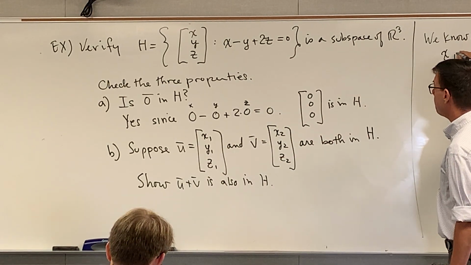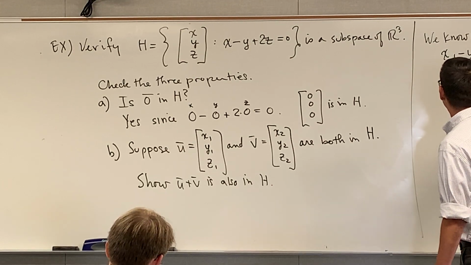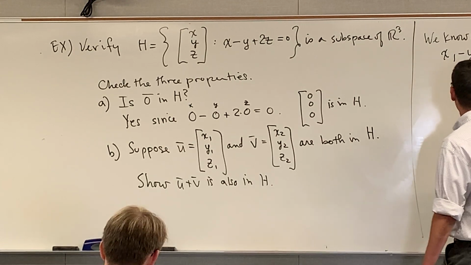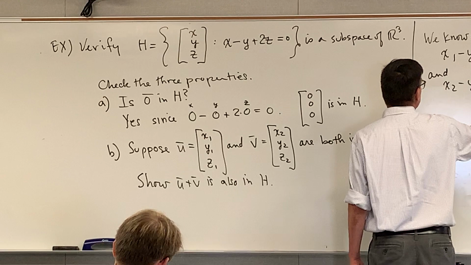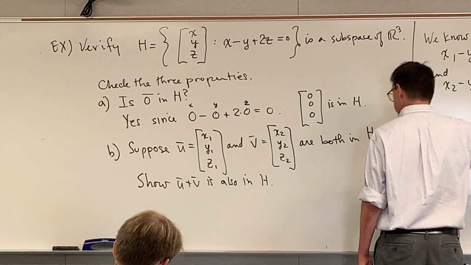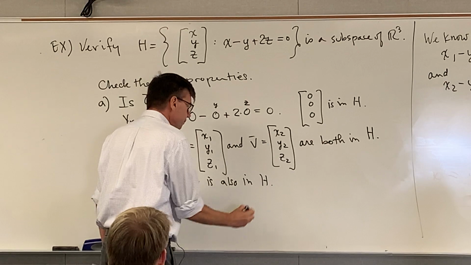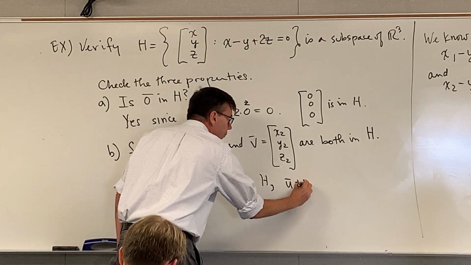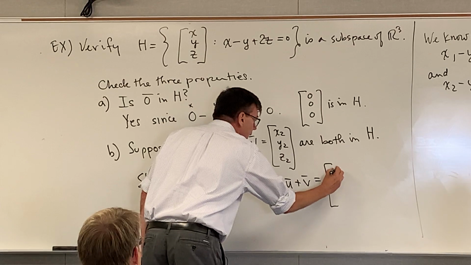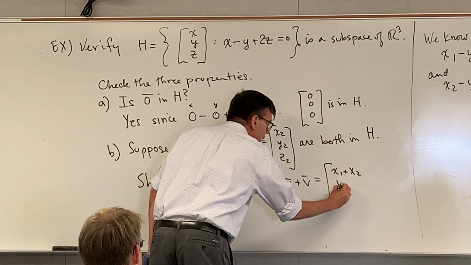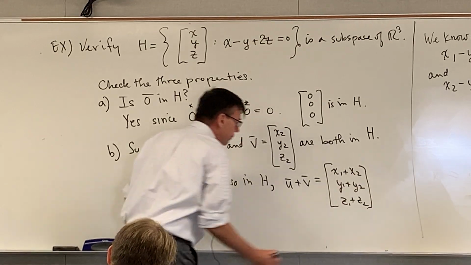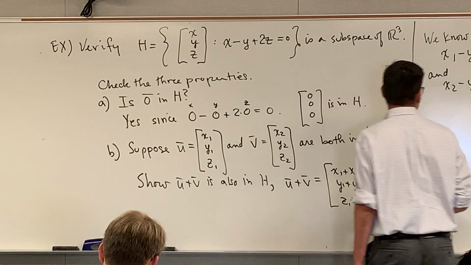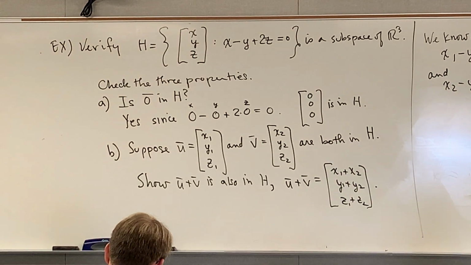So x1 minus y1 plus 2z1 equals 0, and x2 minus y2 plus 2z2 equals 0. u plus v, by the way, is (x1 plus x2, y1 plus y2, z1 plus z2) in coordinate form. So I can just add the left-hand sides and the right-hand sides of this equation.